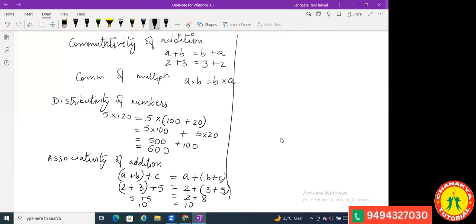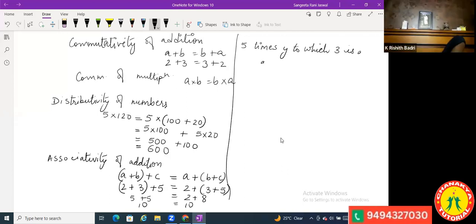Please make an expression for this. 5 times y to which 3 is added.